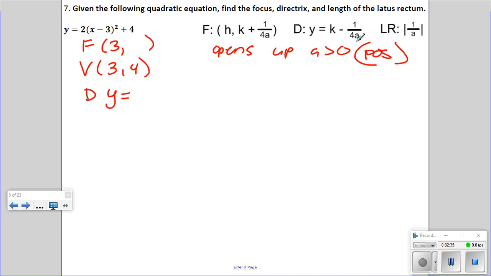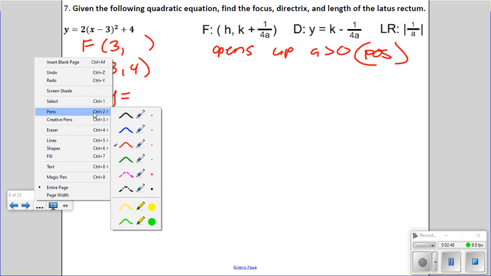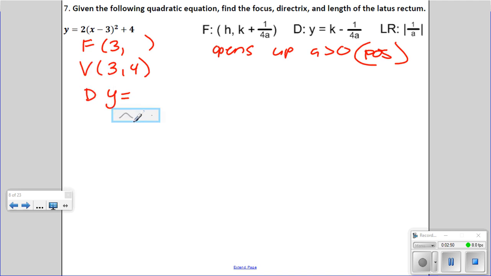You could use the formulas that he provided, or just common sense, like I'm about to demonstrate, because I don't know if those formulas are going to be provided on the test. I don't want you to have something else you have to memorize. Again, A is equal to 1 over 2 times the distance.